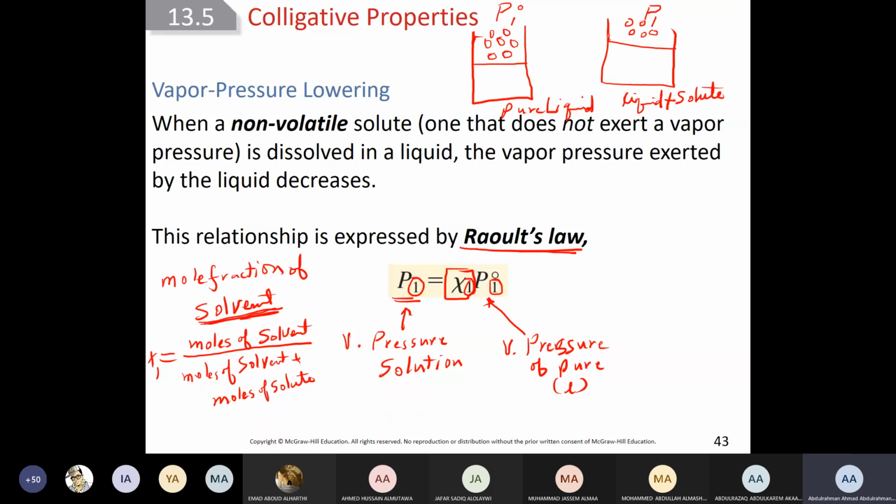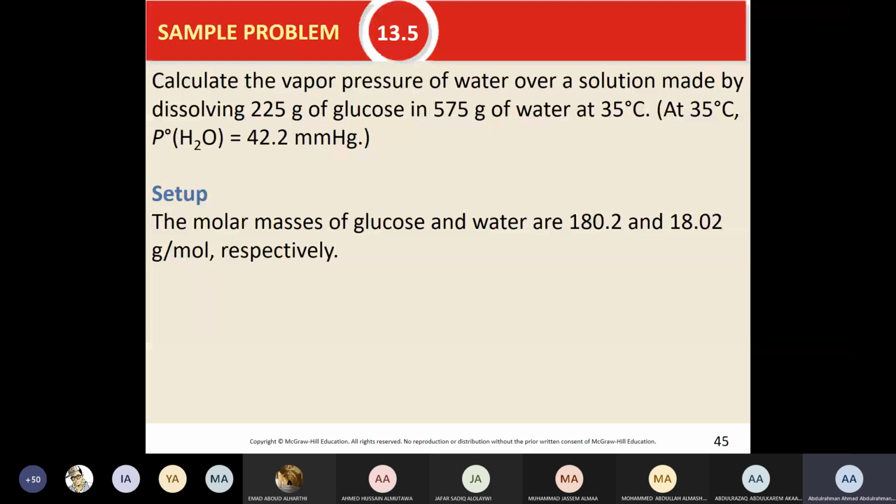But this is the most important law, which is P1. Don't forget it. P1 equal to what? X1 times P1 zero. And we defined everything, and I want you to memorize it very well. Good.